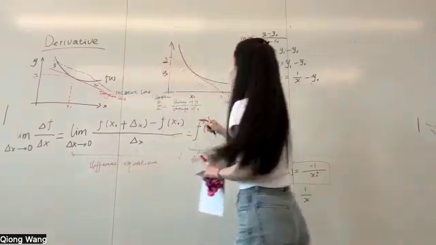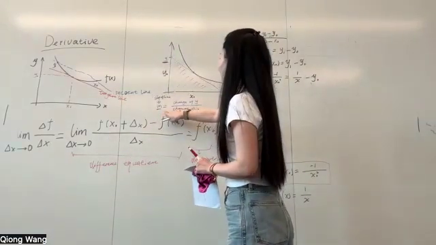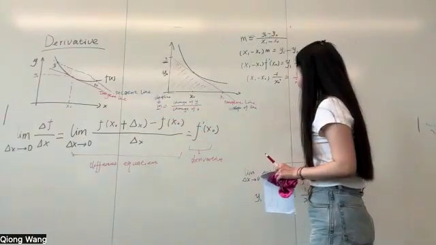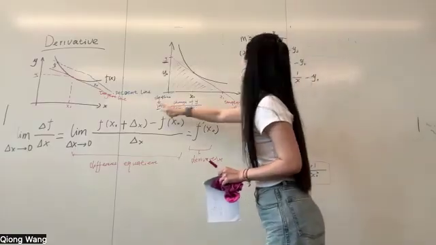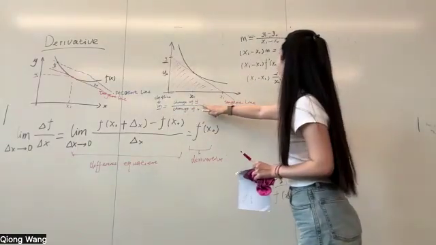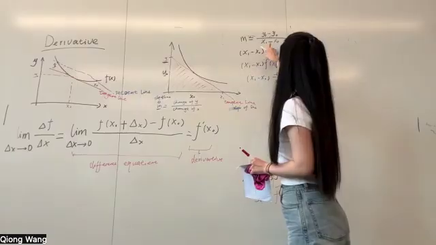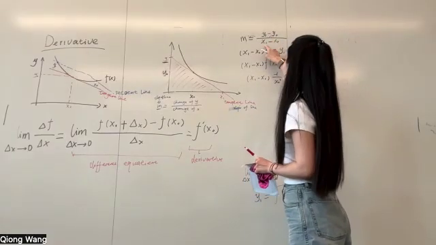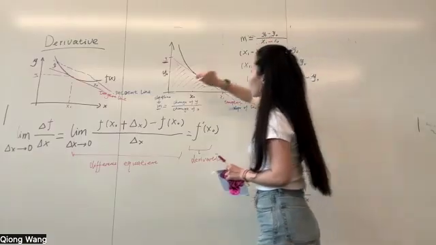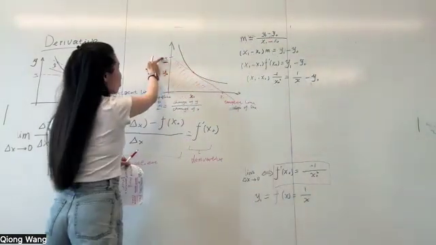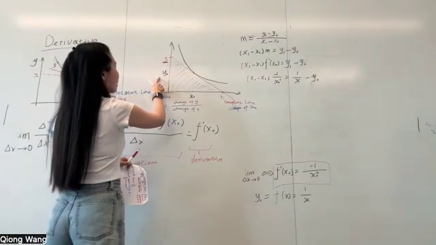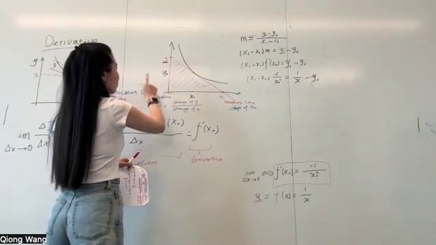Okay. So this is why we use f prime x0 equals m. And this is why in the m equation, the change of y over the change of x, the change of y is y1 minus y0.